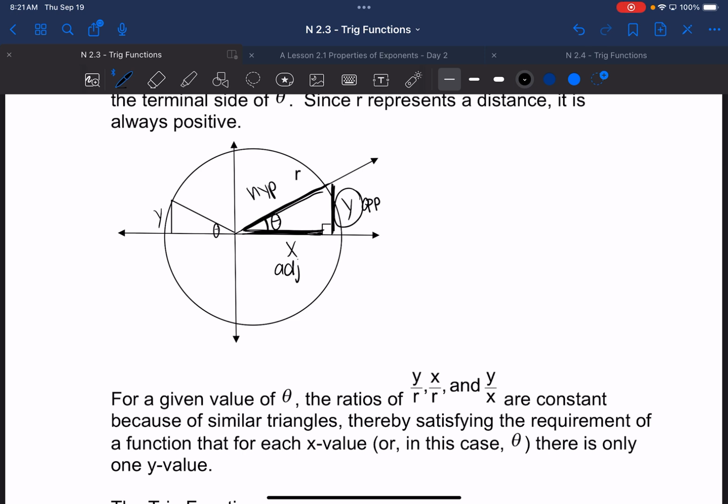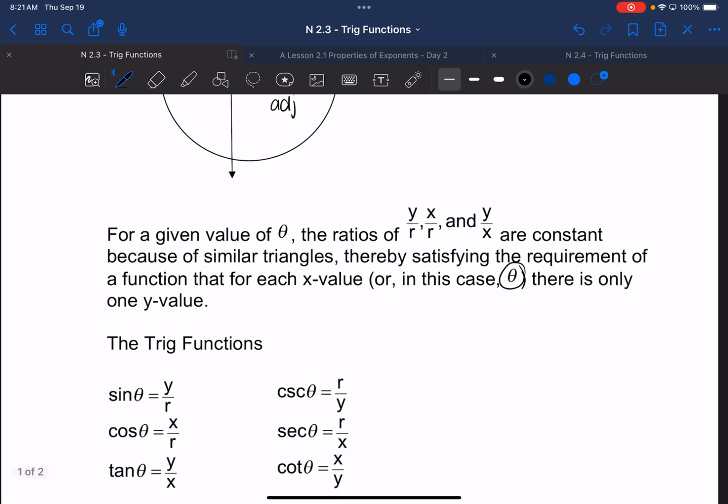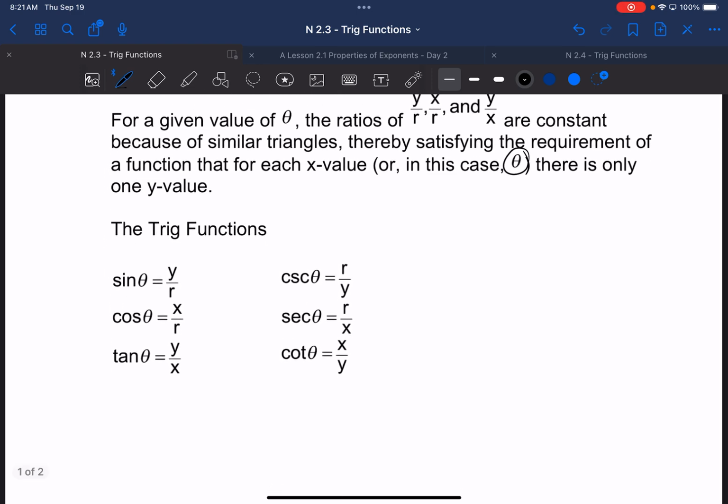And then we've got y over x, which is opposite over adjacent, which is tangent. It says these are constant because of similar triangles, thereby satisfying the requirement of a function that for each x value, or in this case our theta, there is only going to be one y value. If we're making a right triangle, each x value has some corresponding y value. So here are our trig functions.